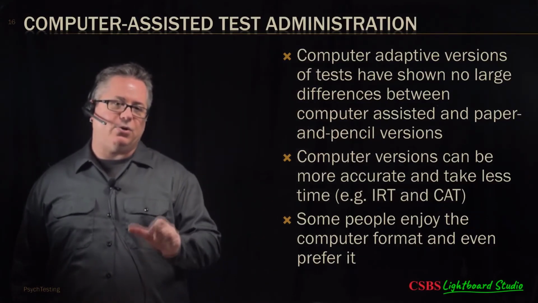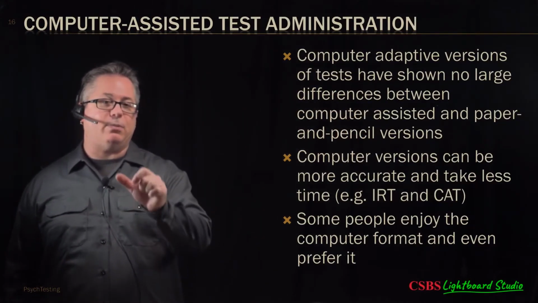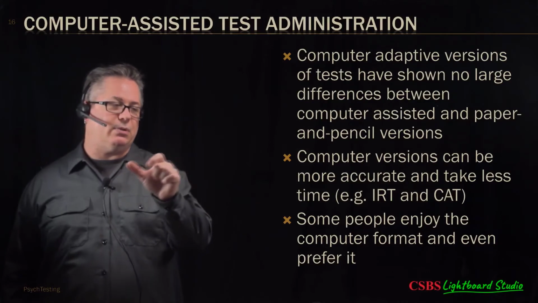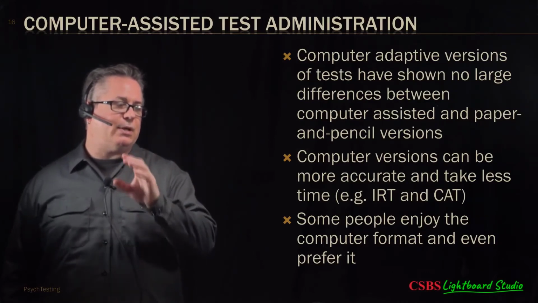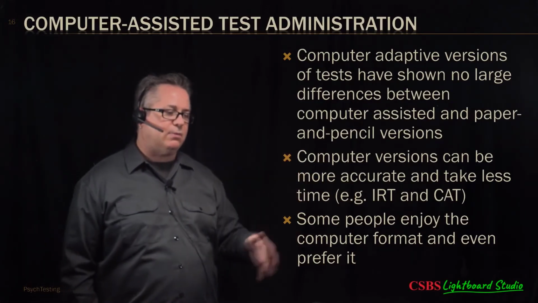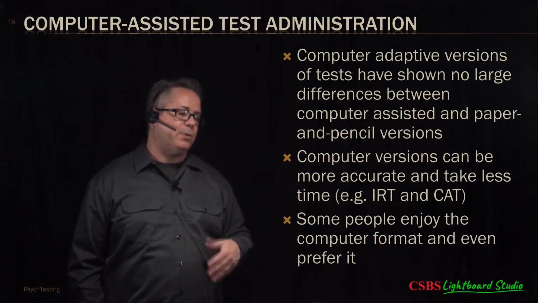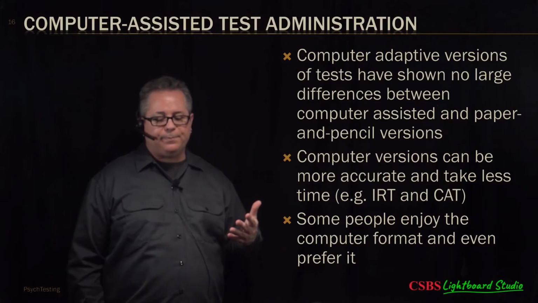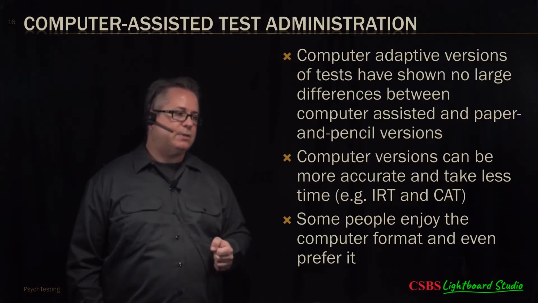It's picking questions at your ability level, and it's going to keep increasing that until you make a mistake. So you can get by with a lot shorter questionnaires. You don't have to do massively long questionnaires or surveys or aptitude tests or achievement tests.